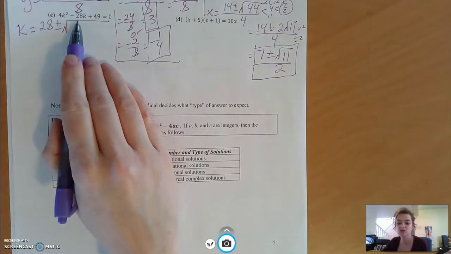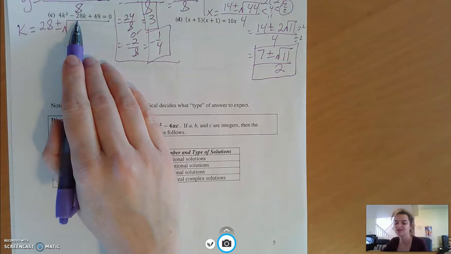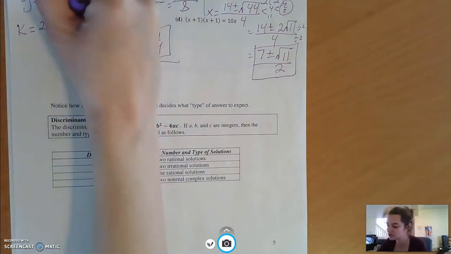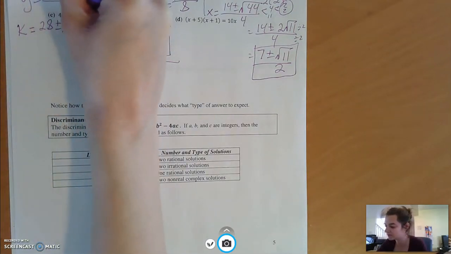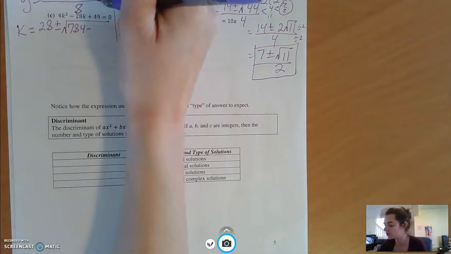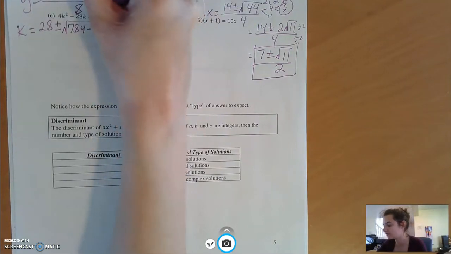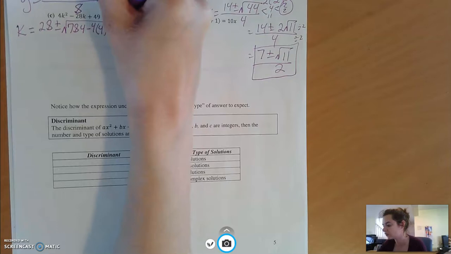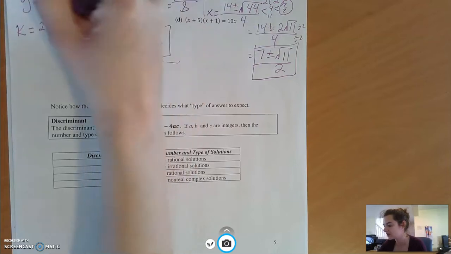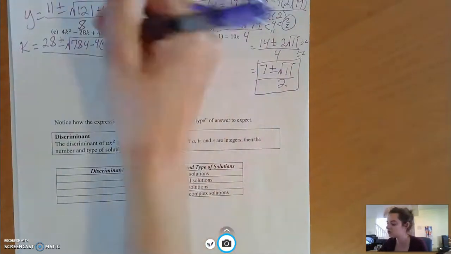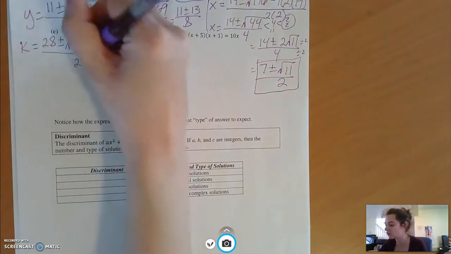So negative 28 squared, that would be negative 28 times negative 28, which gives you 784, minus 4 times a times c. So I'm going to have 4 times a, which is 4, times c, which is 49. And this is all over 2a. So that would be 2 times my a value, which is 4.